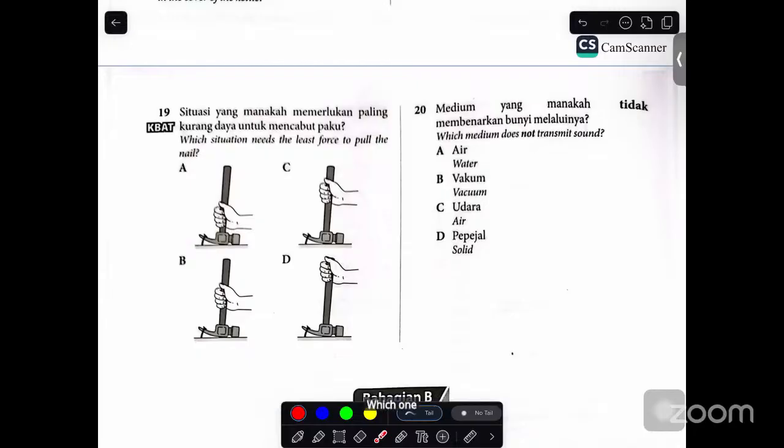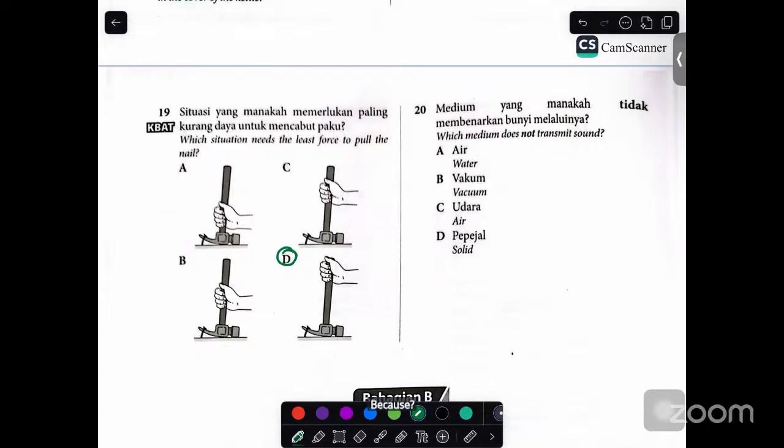Which one? Least force. Sepuluh pula. Sorry. 9. Least force is yang ini. D.